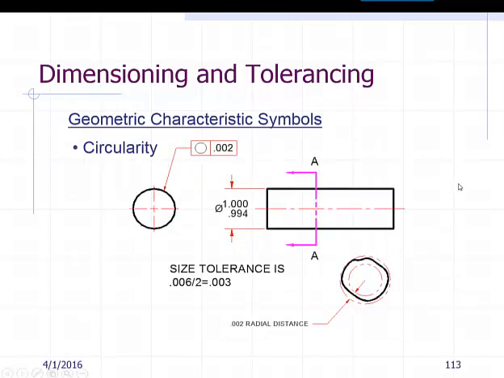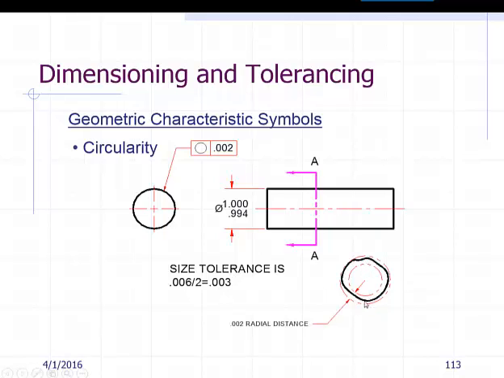So if we take a look at another circularity here, the tolerance itself is 0.006. And in this case, the size tolerance, that I would divide by 2 because this is the full cylindrical shape, can vary 0.006. So if I wanted to compare the top versus the bottom, then I would divide that by 2.